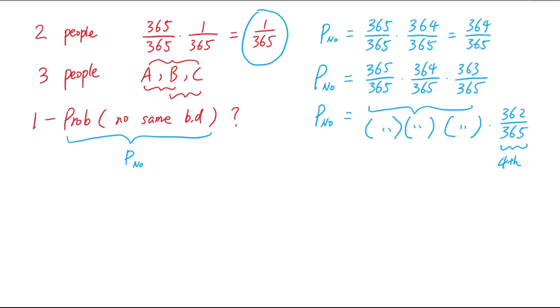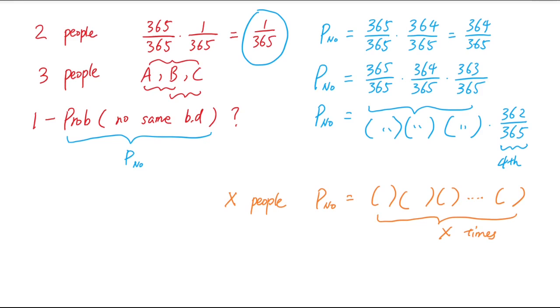If you want to find out for X number of people with no same birthday, then this is just going to be this same pattern, but repeated X times.